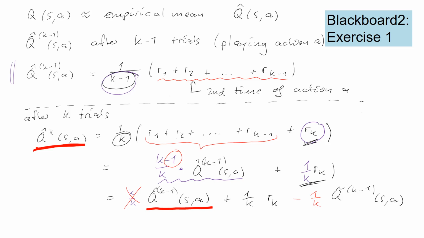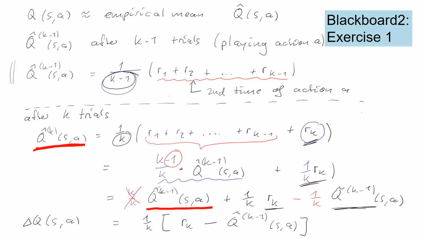So delta Q of SA, the difference between the two terms with the red underline, is 1 over K times a term RK minus a term Q hat K minus 1 of SA.